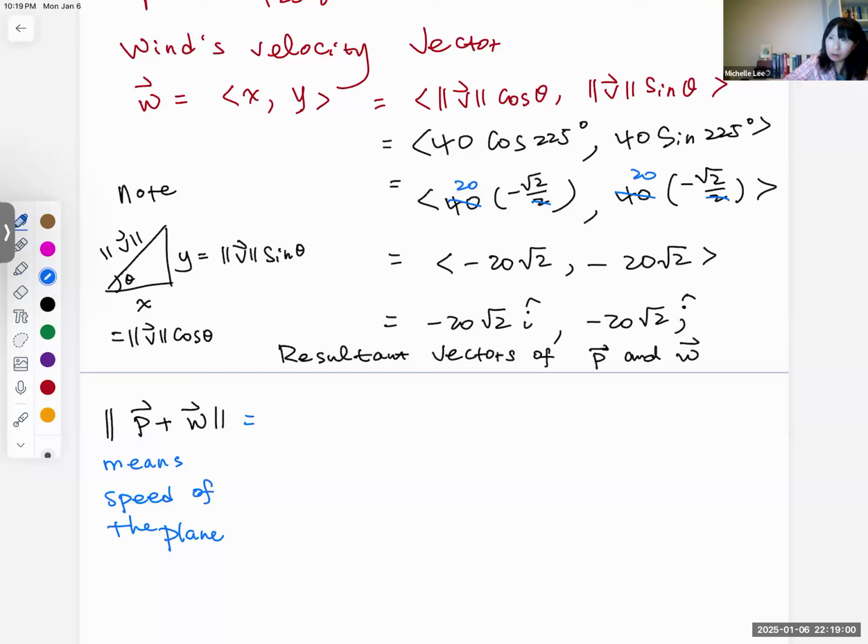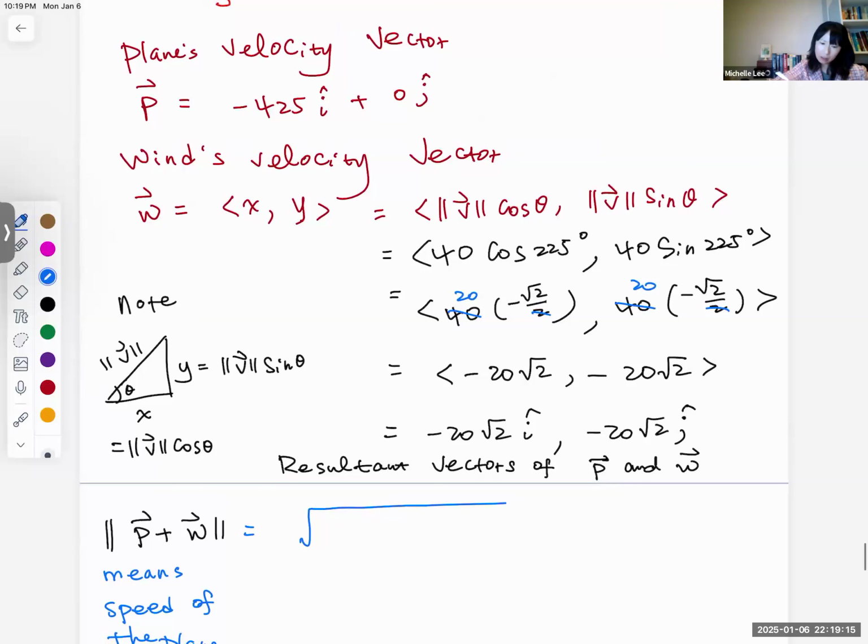I put the i hat terms together and the j hat terms together.